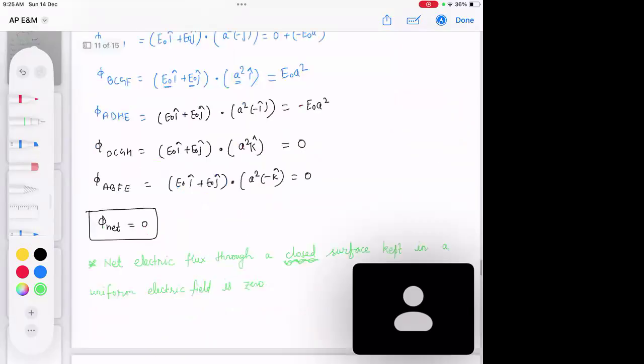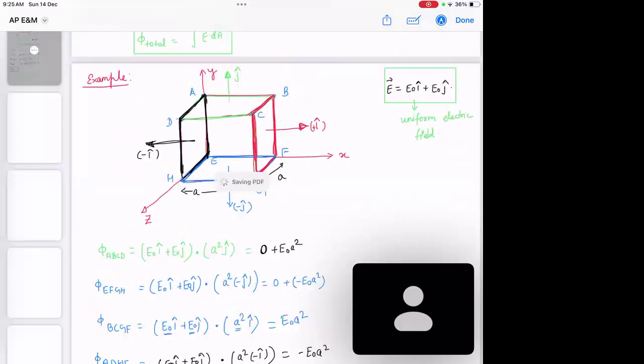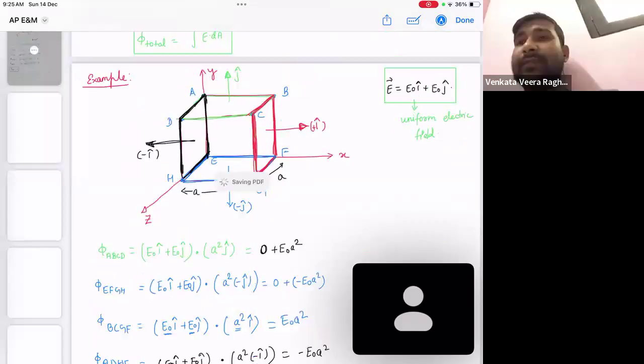Now, second thing, can you say what is the direction of field? Can I say the direction of field is in the plus j cap? Can I say this is entering a closed surface?